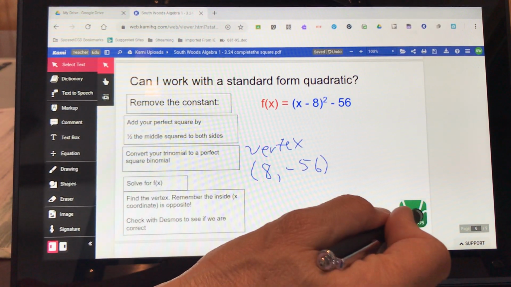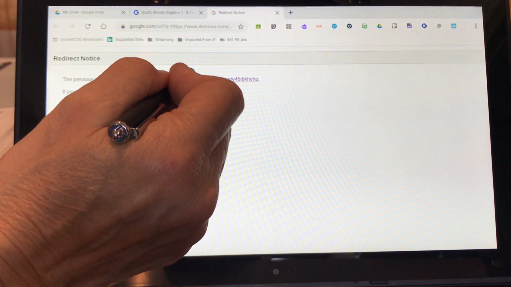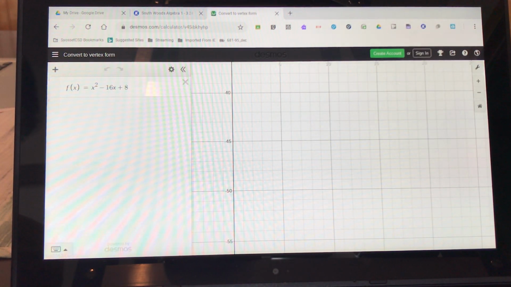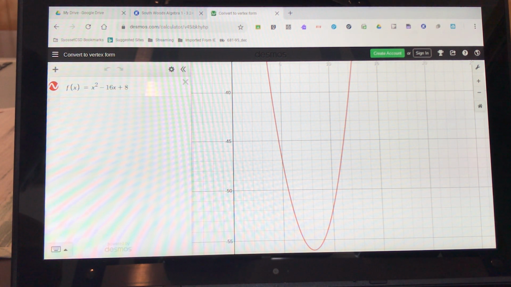Can we check with Desmos? Apparently not. And there it is. Okay, so 8, comma, negative 56, the vertex of the parabola.